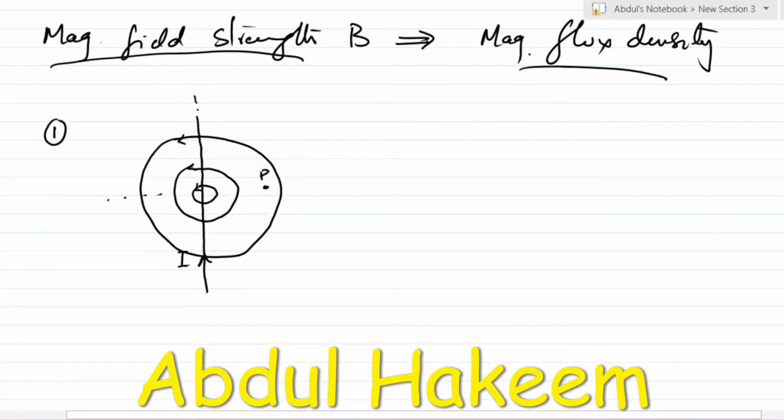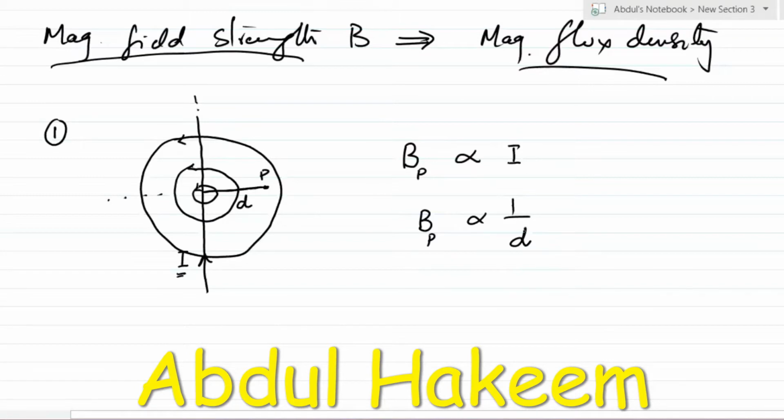First of all, look at the current, it is I, and then measure the perpendicular distance of the point from the wire, so d. Then the B at point P in this situation is directly proportional to current, and number two, B at P is inversely proportional to d.